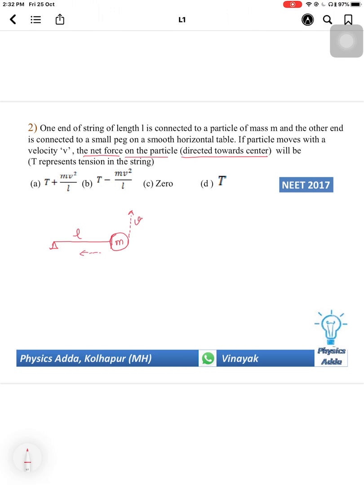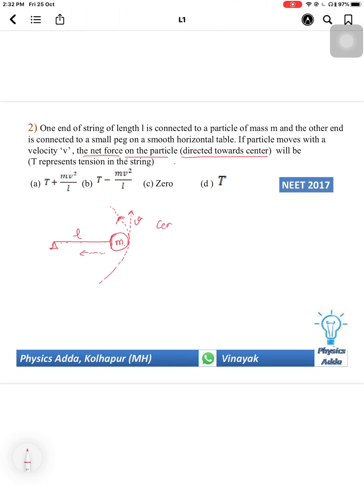Directed toward the center means toward the center, what will be the net force? So since this mass M is tied to the fixed end with some string having a length L, it will perform circular motion along a curvature, right? It will perform circular motion. So if it is performing circular motion, what is the net force on the particle directed towards center in circular motion?